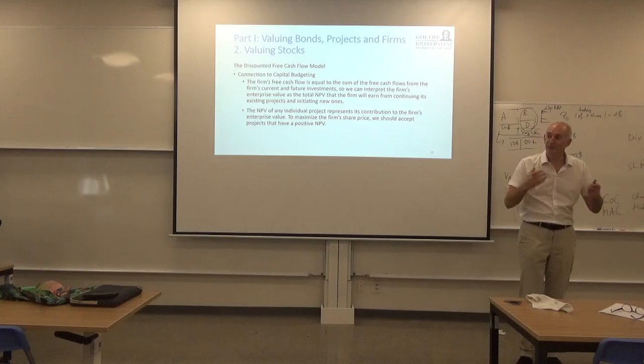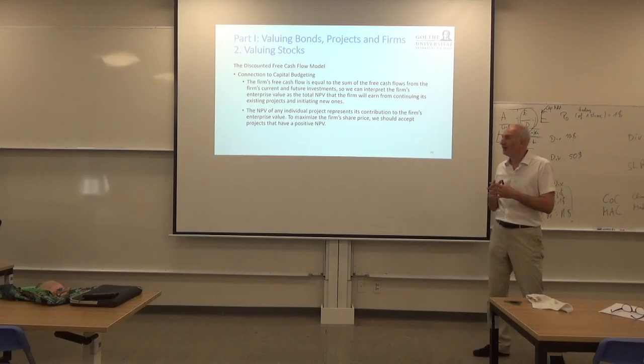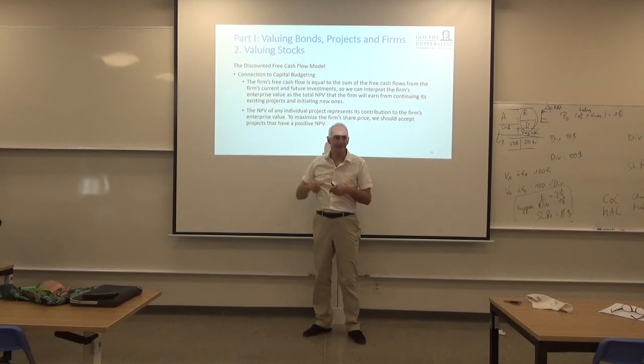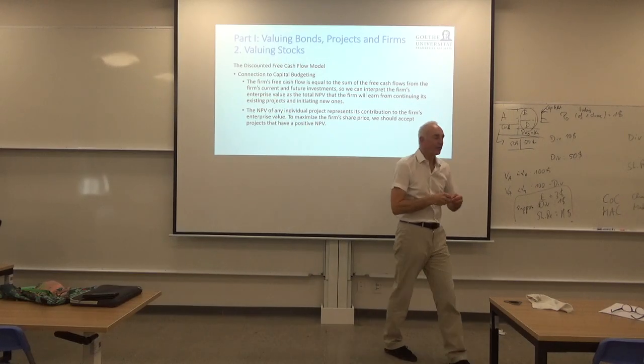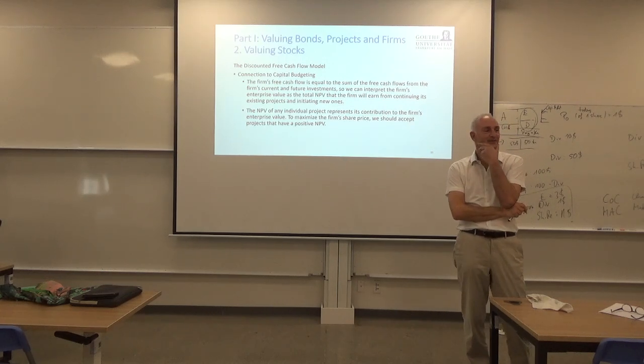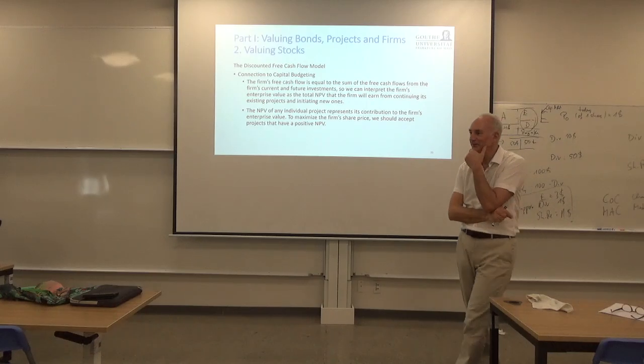In particular, when a private equity firm takes over, it really thinks about what can I do in order to increase the firm's current assets. And quite often this requires investments, but sometimes it's just firing people. Think about Elon Musk.